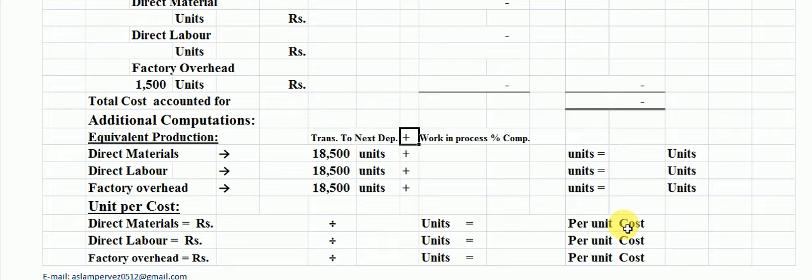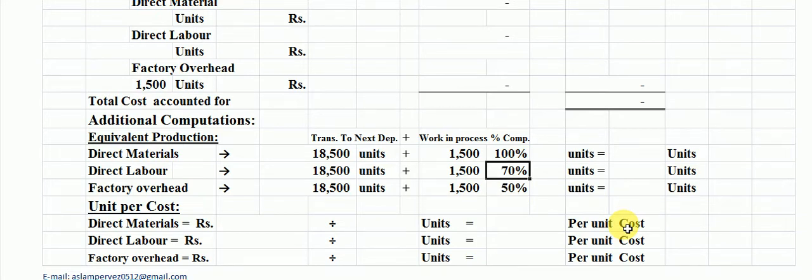Now units still in process are 1,500 units here, 1,500 units here, and 1,500 units here. The degree of completion is 100% as material, 70% as direct labor and 50% as FOH.